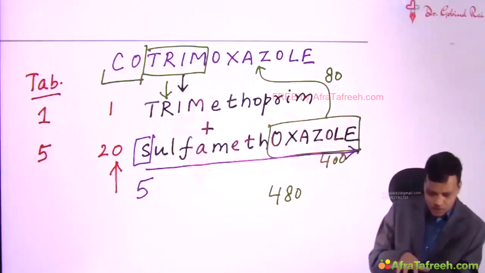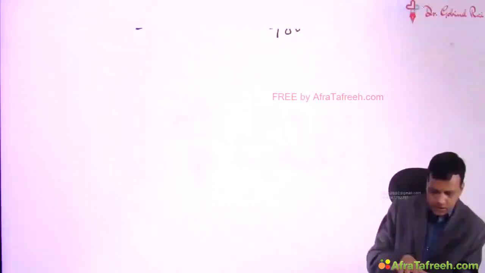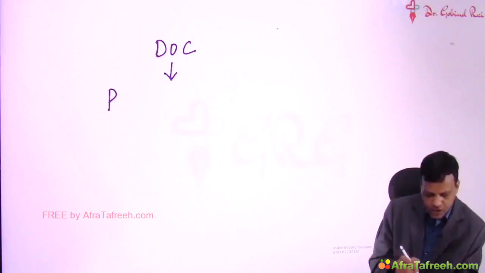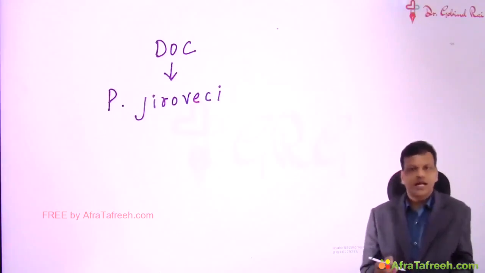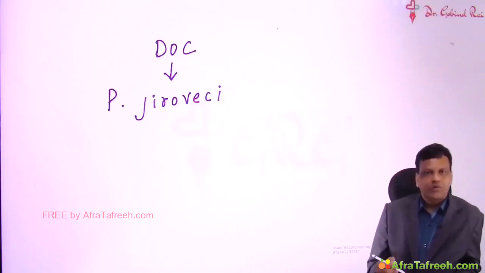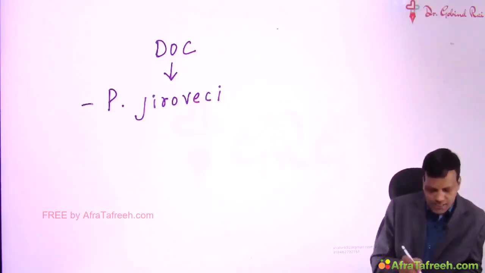Now cotrimoxazole, it is the drug of choice for important infections. One, it is the drug of choice for Pneumocystis jirovecii pneumonia. Previously this was called Pneumocystis carinii. Cotrimoxazole is the drug of choice. Second, it is also the drug of choice for Nocardia.